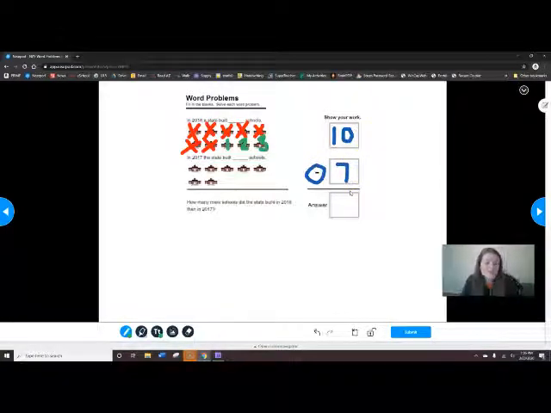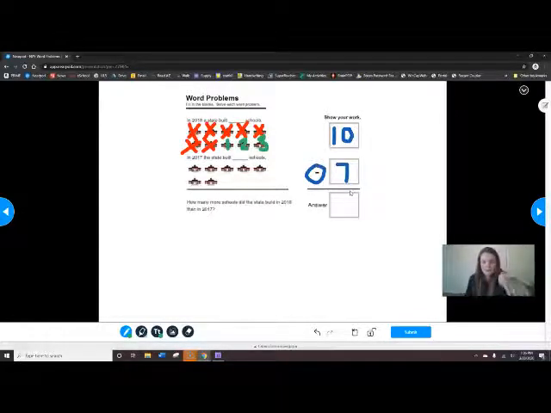I have paper clips here, so why don't I use paper clips to show you another way to do it. To do that, you would have to count out 10 paper clips. I'm going to put my hand really close. 1, 2, 3, 4, 5, 6, 7, 8, 9, 10.